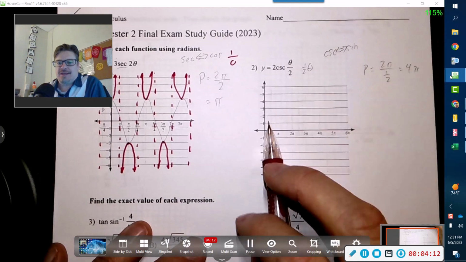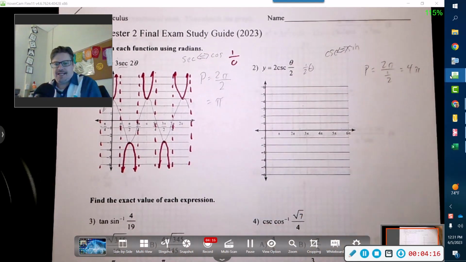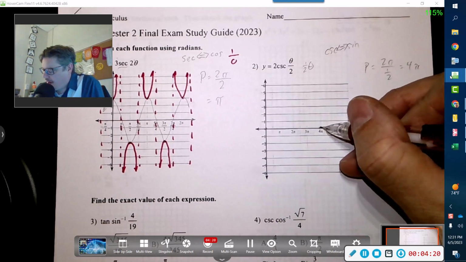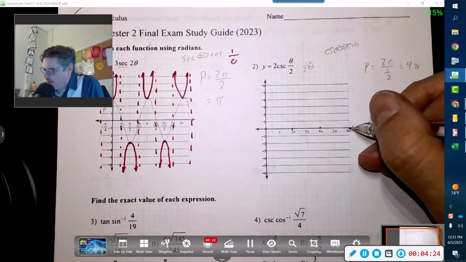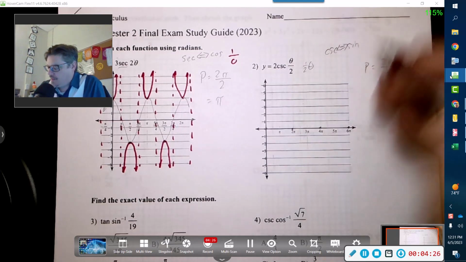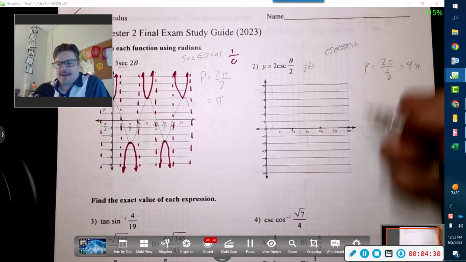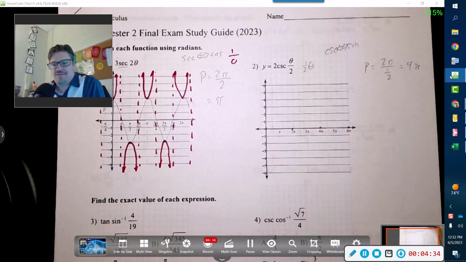So from 0 to 4 pi, sine will complete its cycle. So we're going to go 0 to 4 pi, and right in the middle is another 0. And going this way as well, we would have another 0. So everything should be nice and symmetrical. And what happens in the middle is that we go to its highest maximum value, which would be at 2.